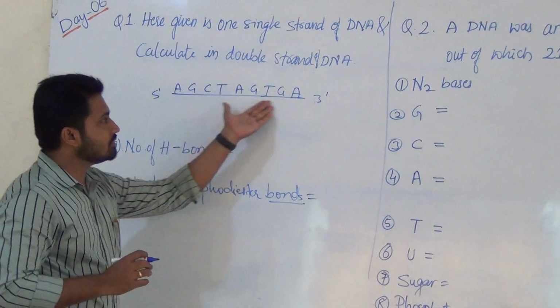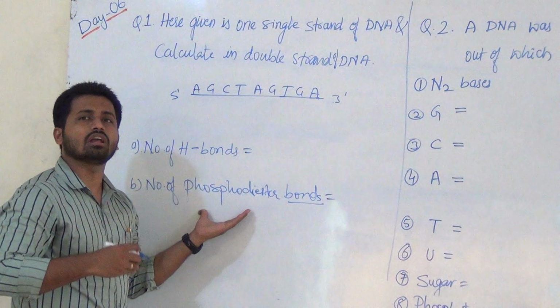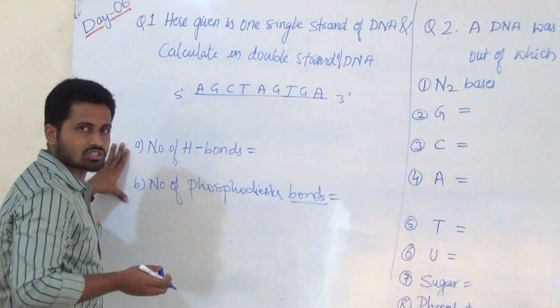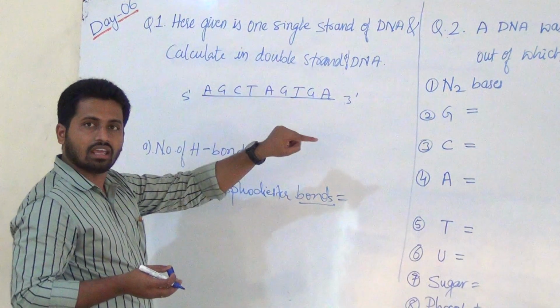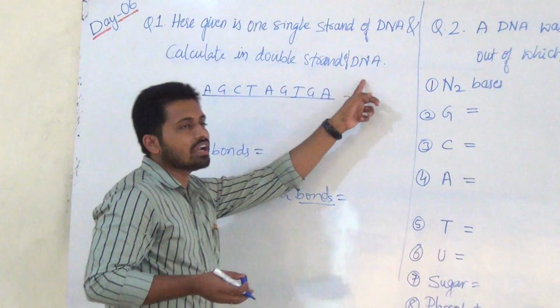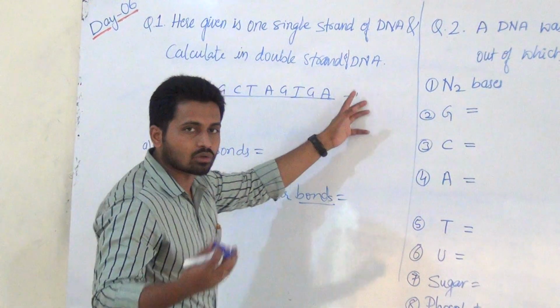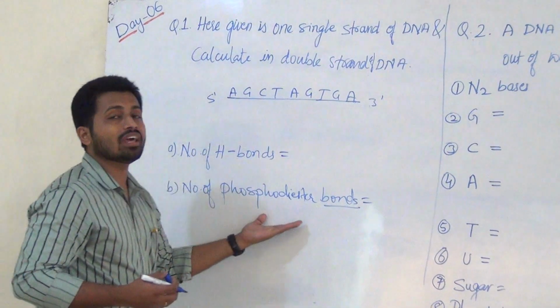One single strand is given, and two questions are asked to calculate. What are those? The number of hydrogen bonds and the number of phosphodiester bonds.